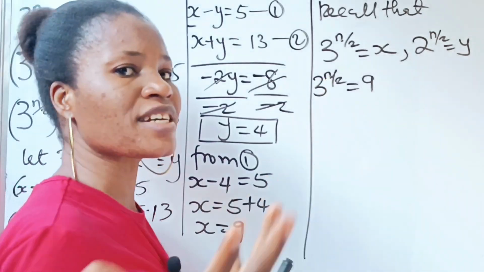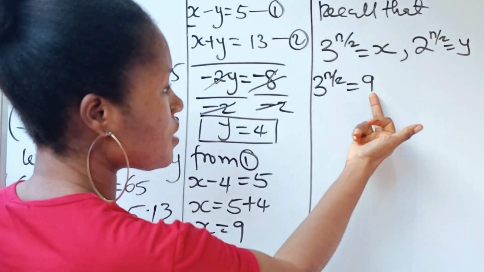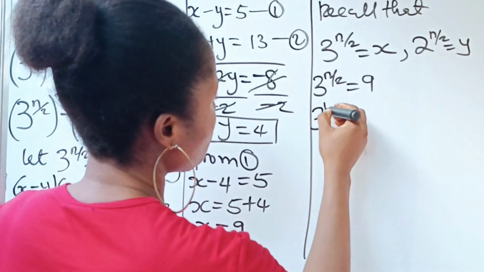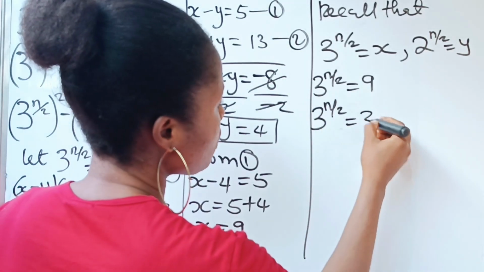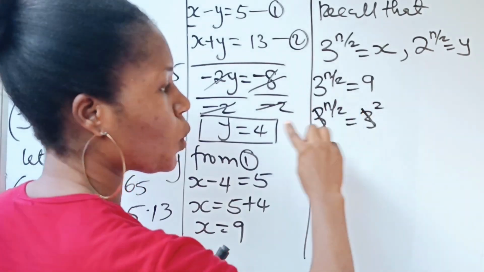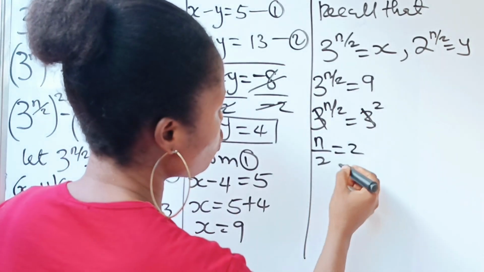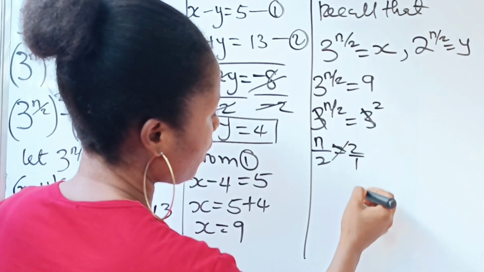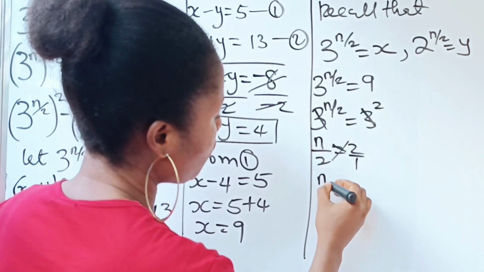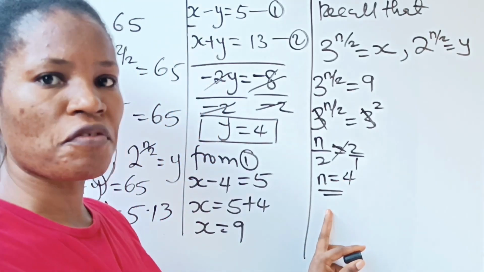This is an exponent, so let's put this in exponent form. So 3 to the power of n over 2 is equal to 3 squared. So we have the same base now. Let's just equate the powers. So n over 2 is equal to 2. If you cross multiply, you are going to have n times 1 will give you n, and 2 times 2 will give you 4. So this will give you the value of n.